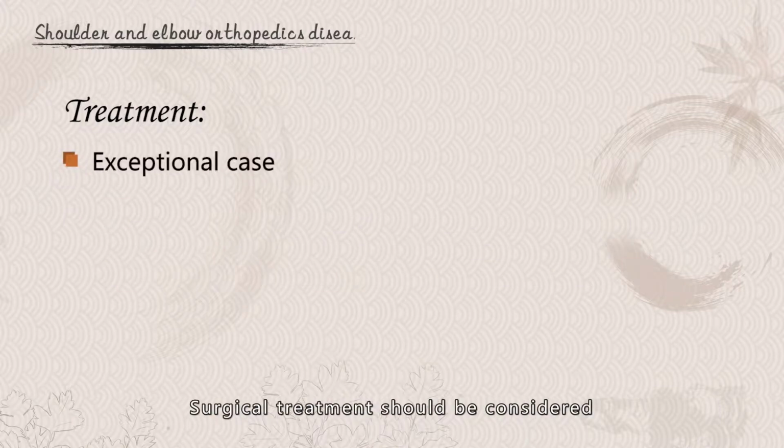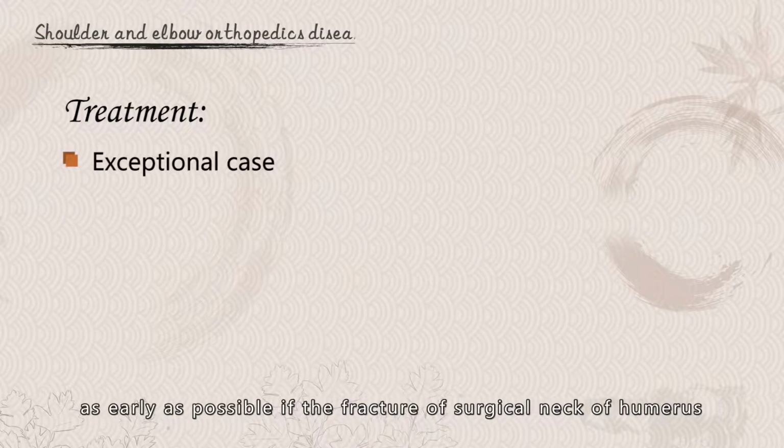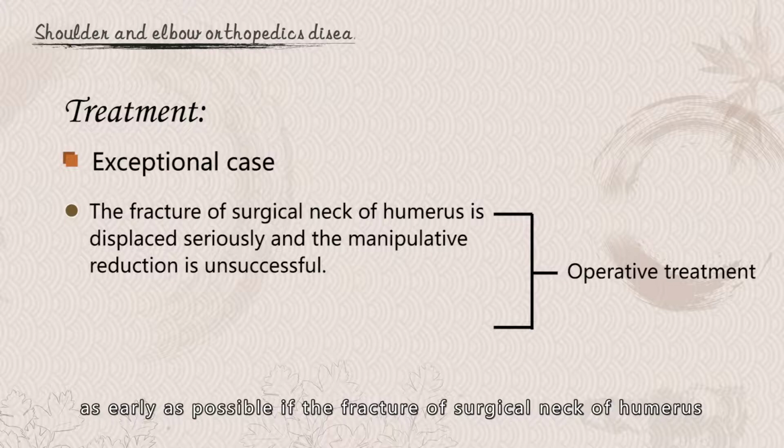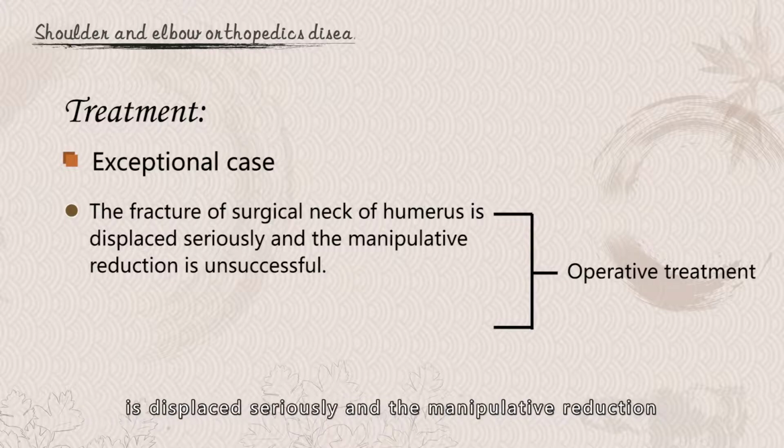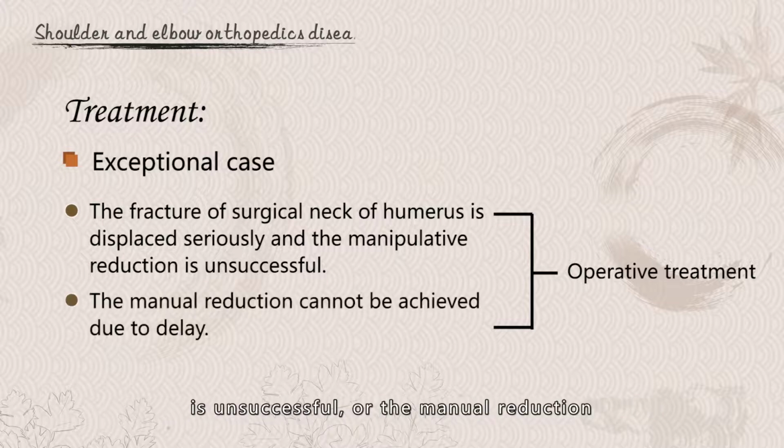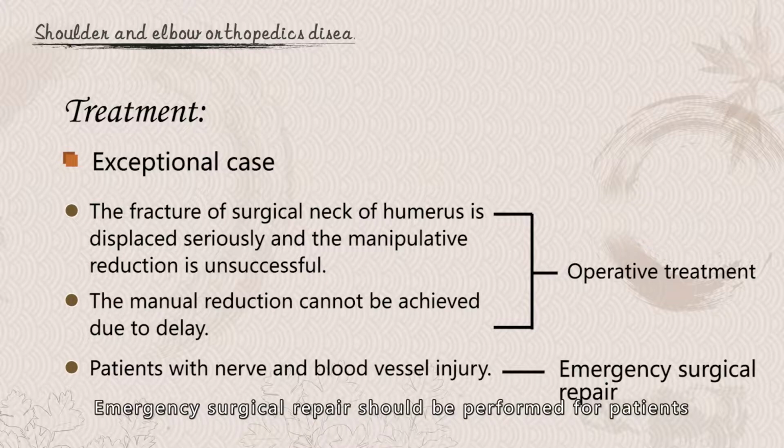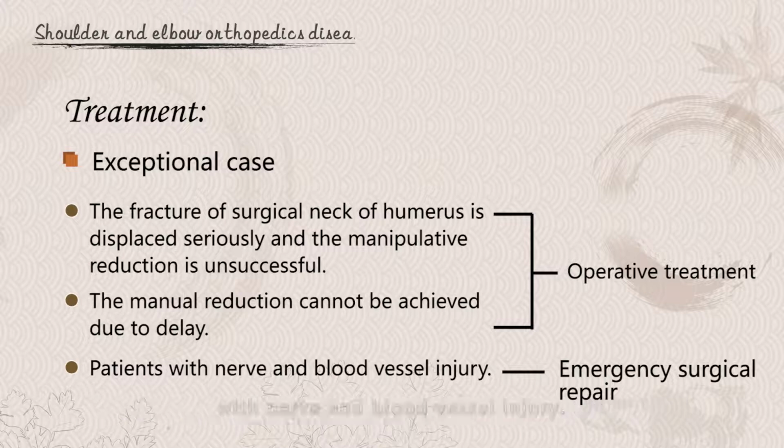Surgical treatment should be considered as early as possible if the fracture of surgical neck of humerus is displaced seriously and the manipulative reduction is unsuccessful, or the manual reduction cannot be achieved due to delay. Emergency surgical repair should be performed for patients with nerve and blood vessel injury.